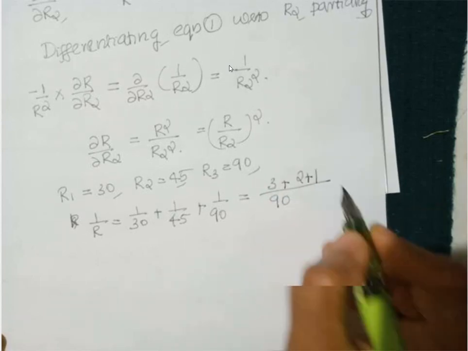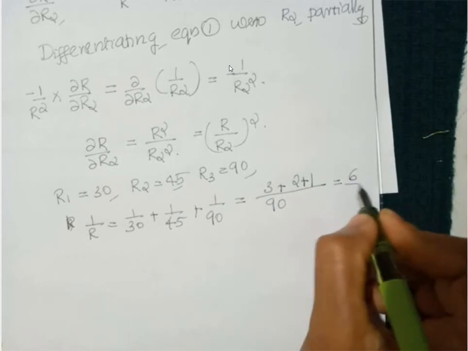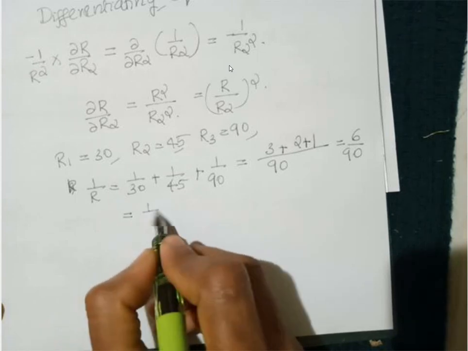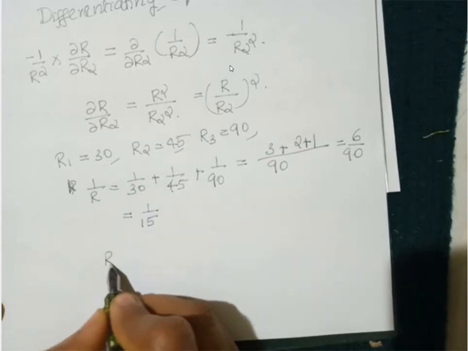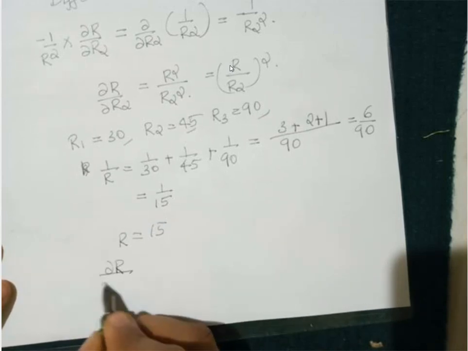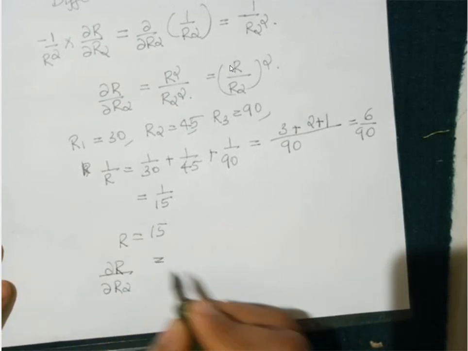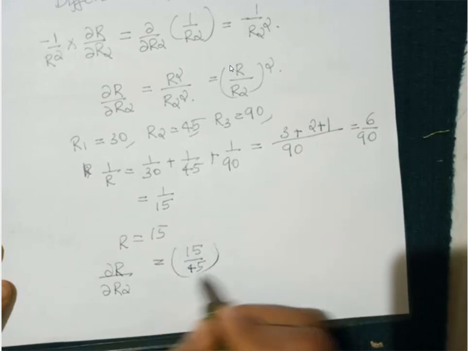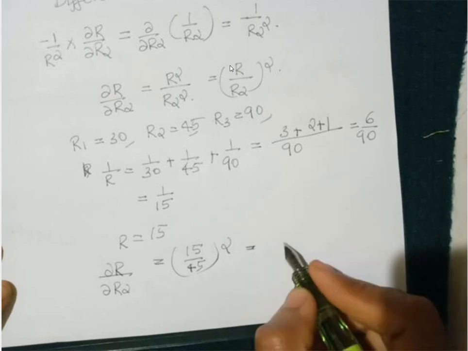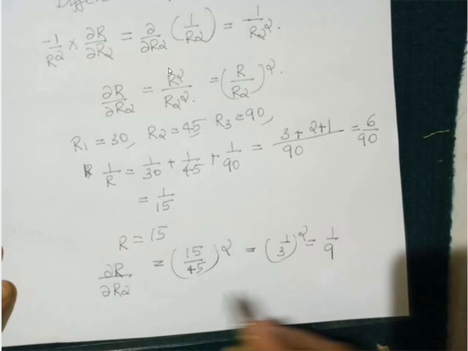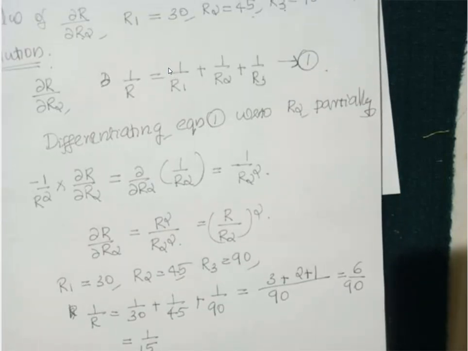This is 6/90, which equals 1/15. So R equals 15. So ∂R/∂R2 equals (15/45)², which equals (1/3)², which equals 1/9. Okay, this is the question.